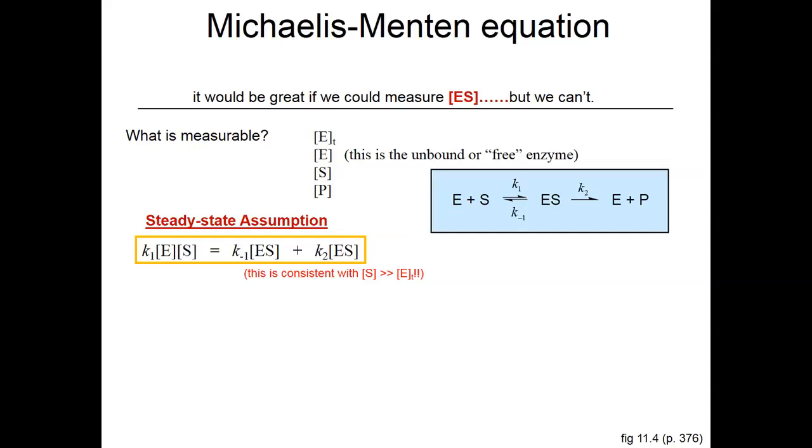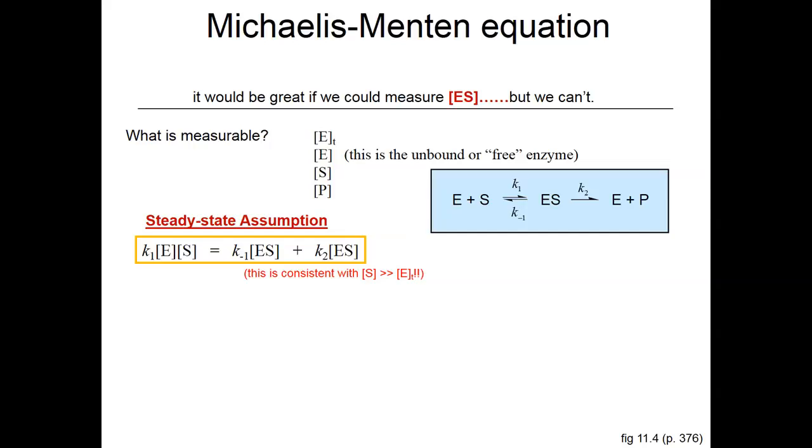So if you look at it, you have your E times S times K1, which is the rate of formation of the ES complex. It's equal to these two, basically the ES breakdown in this direction and that direction.